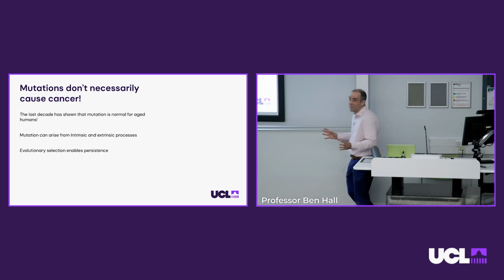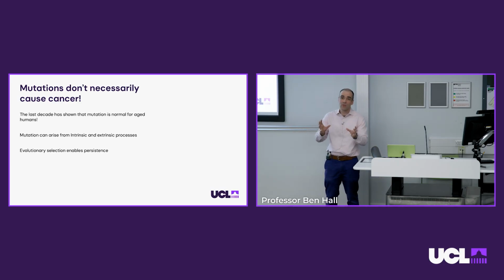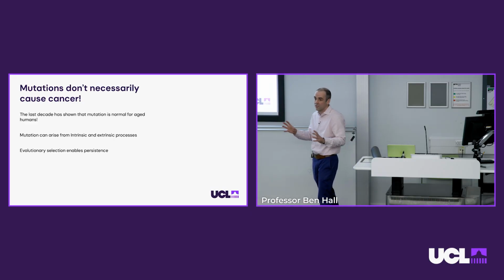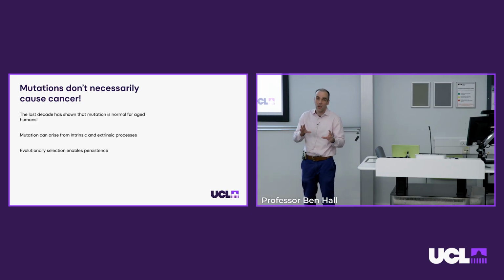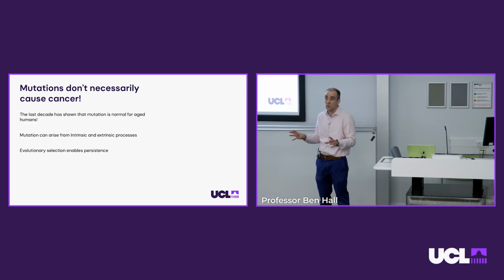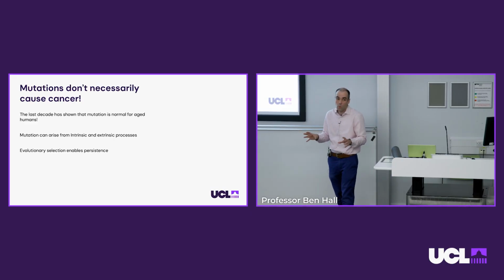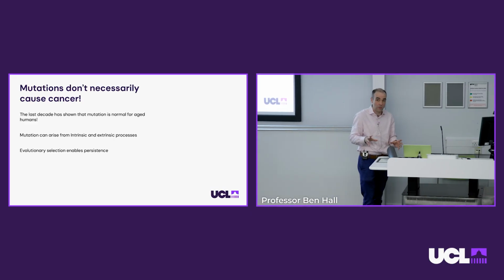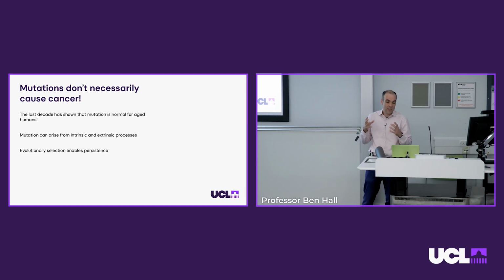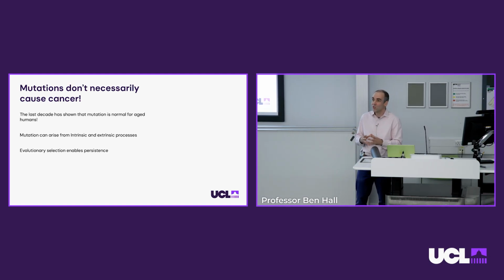To add to the complexity here, mutations don't necessarily cause cancer. One of the transformations that's taken place in the last decade has been the sequencing of healthy aged tissues from human beings. What we find when we look at that sequencing is that it is normal for these tissues to be replaced by mutated tissues.